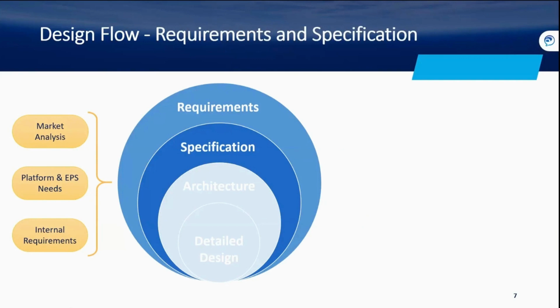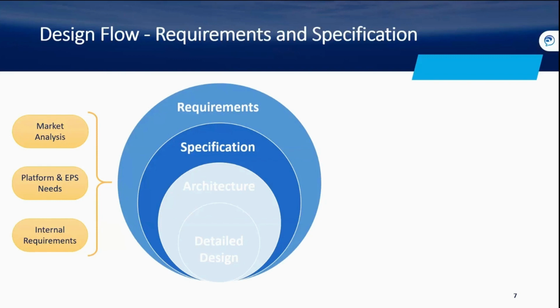First, we have to take into account the market analysis Fabian has been telling us about in the first presentation. Secondly, we have to really know the platform needs and the electric propulsion system needs, which also includes the thruster characteristics that our Ariane Group colleagues have been telling us about in the latest presentation.